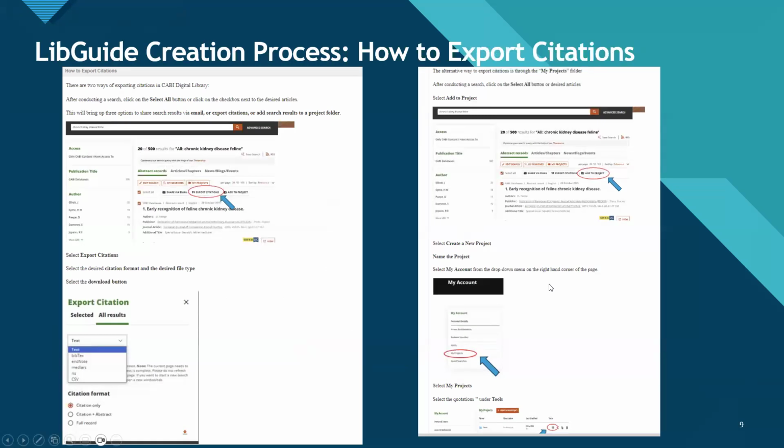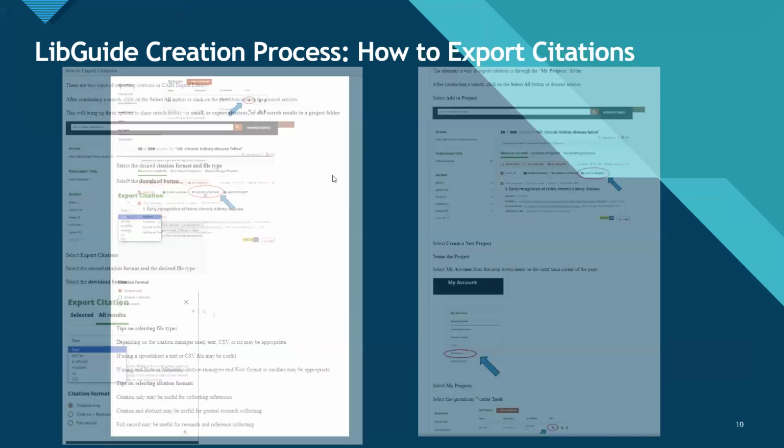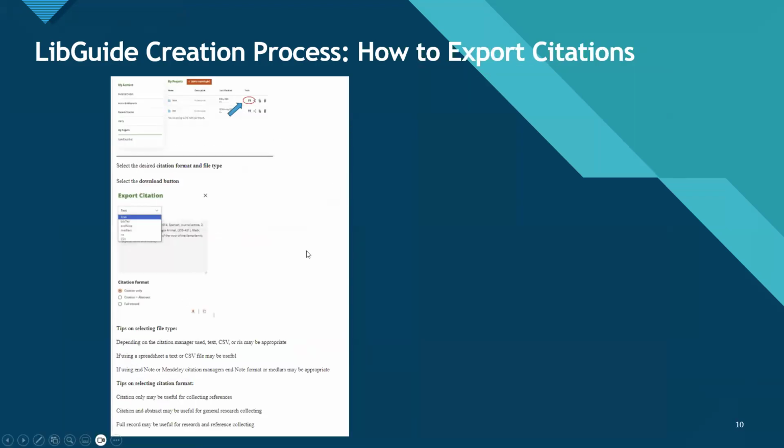Once compiling all the desired objects for that project, users can select the citations under tools on their account and then export citations. And then I have a brief overview of tips on selecting what file type would be appropriate and selecting citation format.